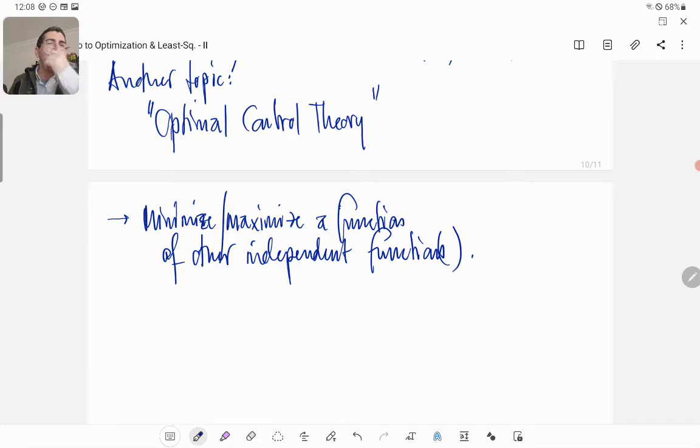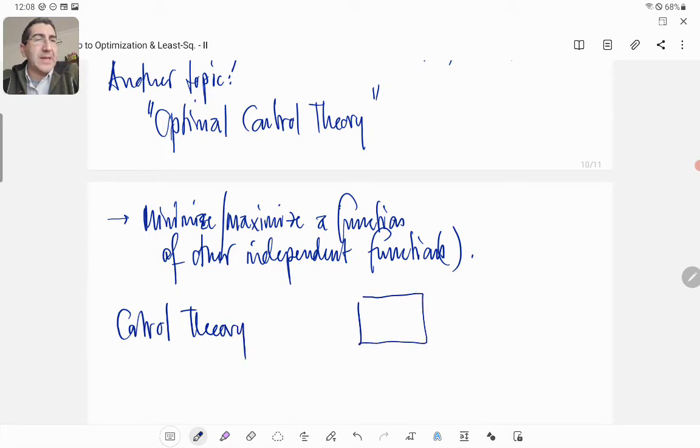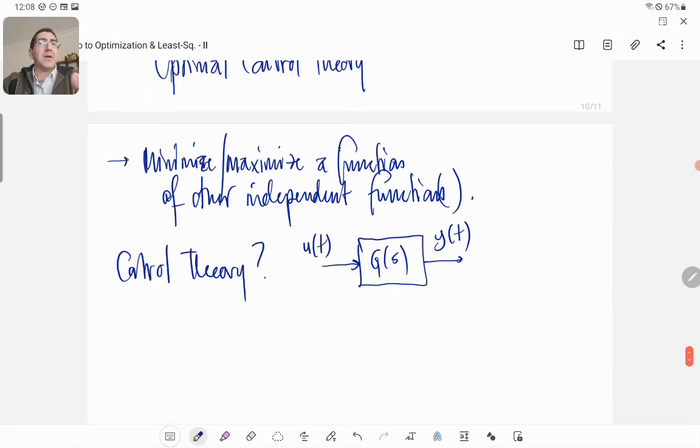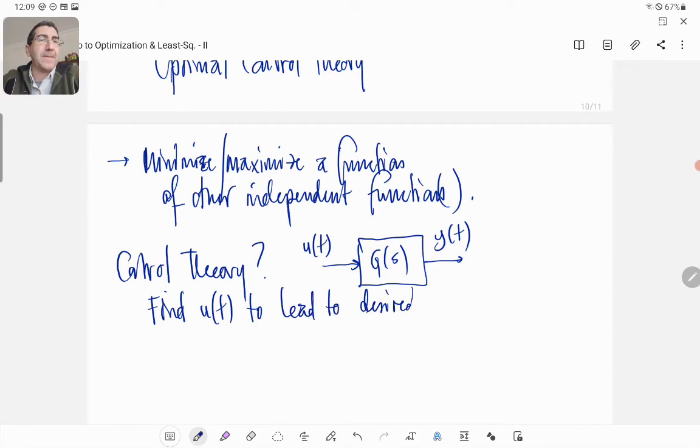For example, in control theory, you're given a system G of s, which has an input U of t and an output Y of t. What are you asking? Can I find a U that's going to give me the desired Y? So find U of t to lead to the desired Y of t.